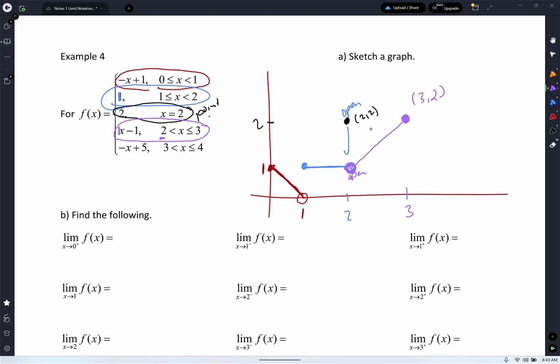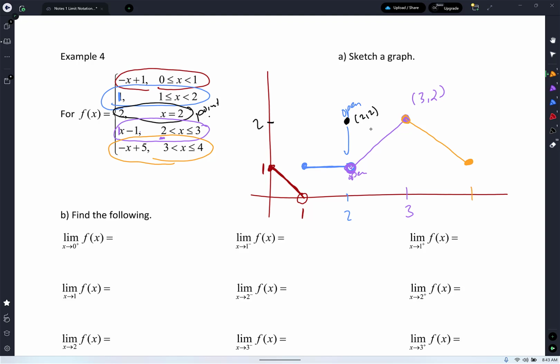Are we still okay, guys? Nothing crazy, right? I'm going to go to burnt orange. I'm going to plug in a 3. Negative 3 plus 5 is 2, so that means I'm here. And you could put an open circle, but the closed circle from the purple takes precedence anyways. And if I plug in a 4, or I go down 1, right 1, and a solid.